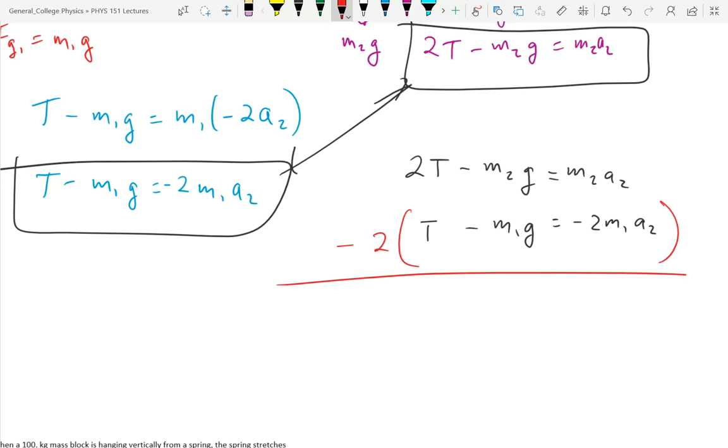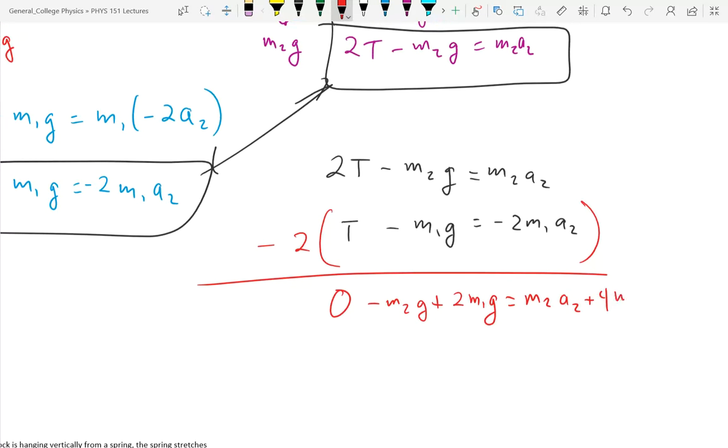It's fundamentally the same thing as what Sarah said, but it drops out quicker. So I'm going to have 2T minus 2T, which is 0 in that column. Then I'll have minus m2g, and plus 2m1g. And on the other side of the equal sign, I'm going to have m2a2 minus 2 times minus 2 makes plus 4 m1a2.